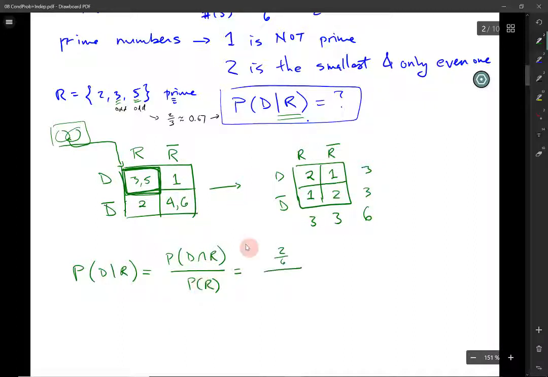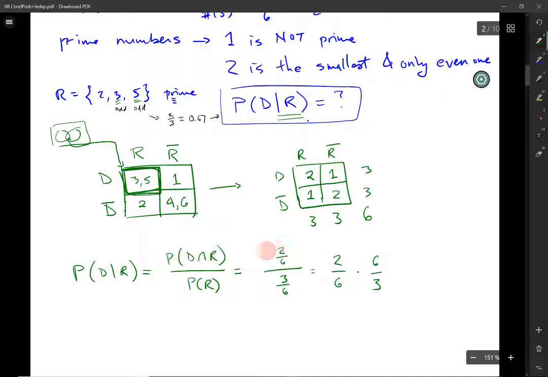And the probability of R itself would be 3 out of 6, right? This is the R set. R is this 2, 3, 5 out of 6, so that'd be 3 out of 6. When you compute that, you do 2 out of 6 times the reciprocal.